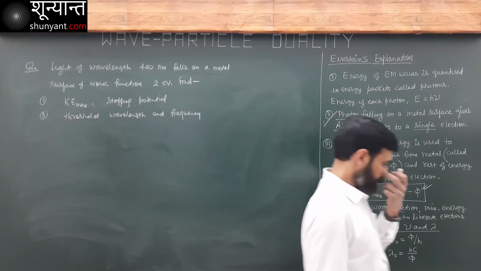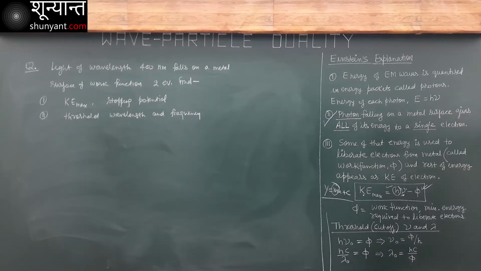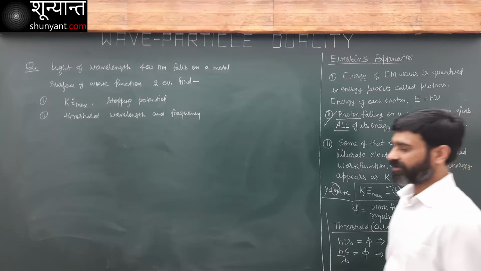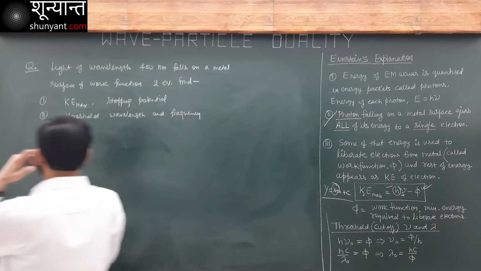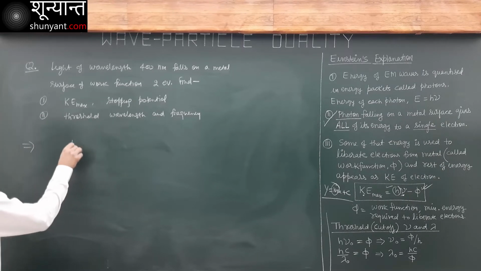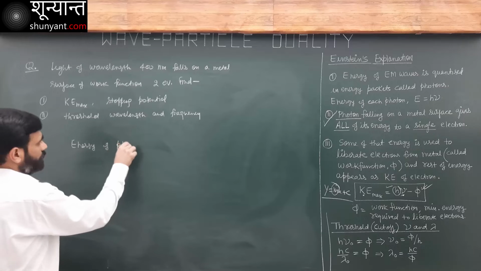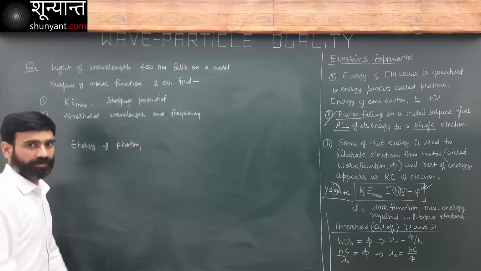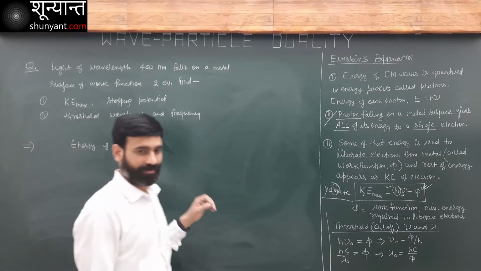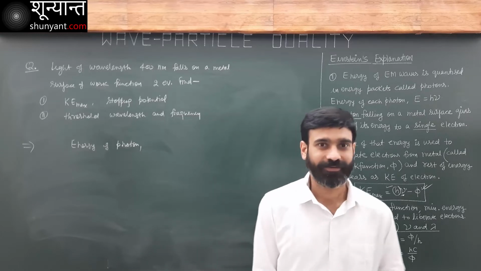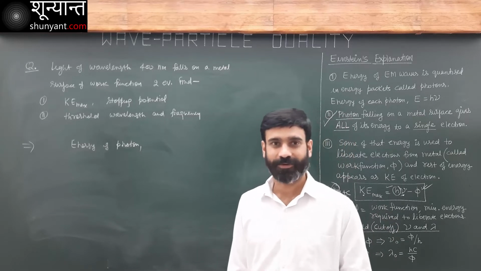How will you find it? Now, first of all, you find the energy of the photon. Are you doing it? Stop the video. Do it yourself, whatever comes to your mind.